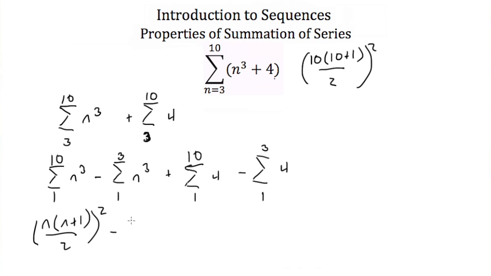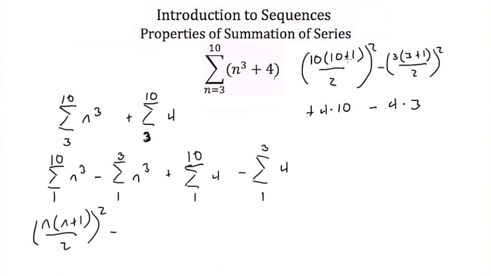And then I would subtract the same thing, but I would plug in a 3 for n into this formula. So minus 3 times 3 plus 1 over 2 squared. And then for my second series here, this is just a constant 4. So remember, I can do 4 times the number of terms. So plus 4 times 10, and then minus 4 times 3.